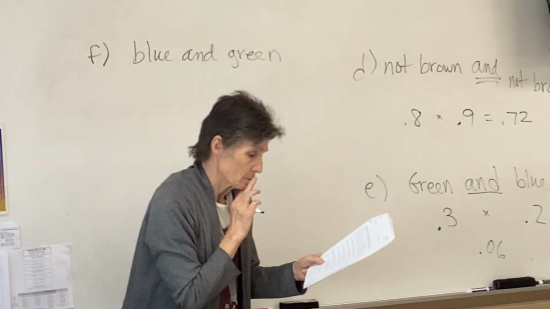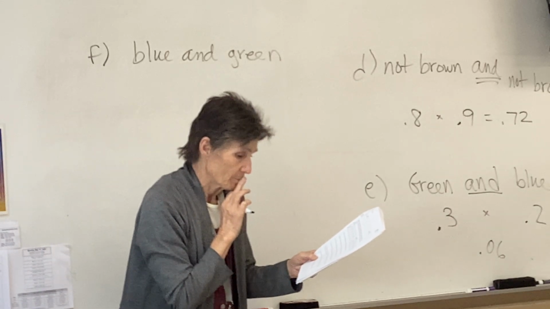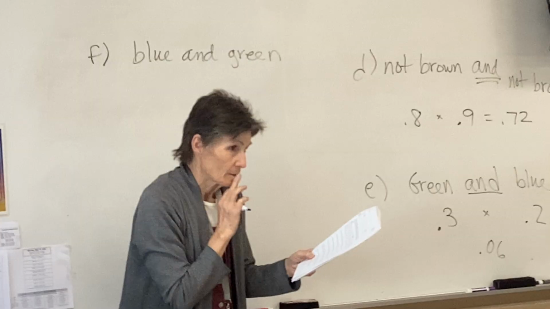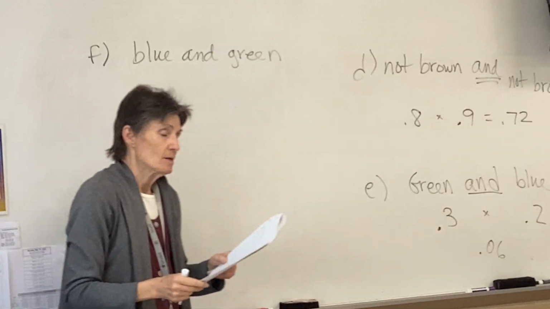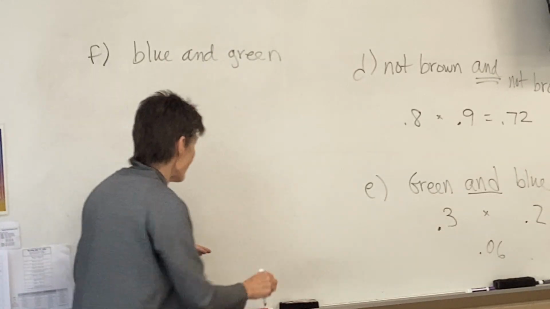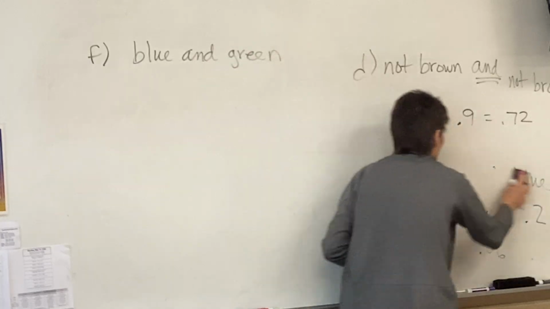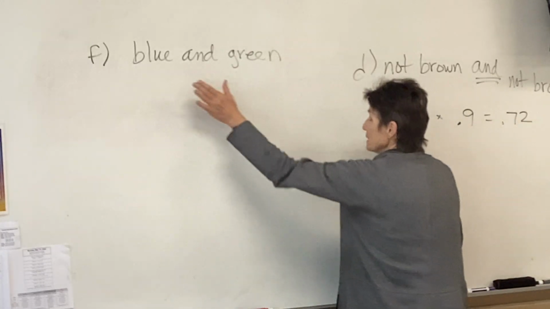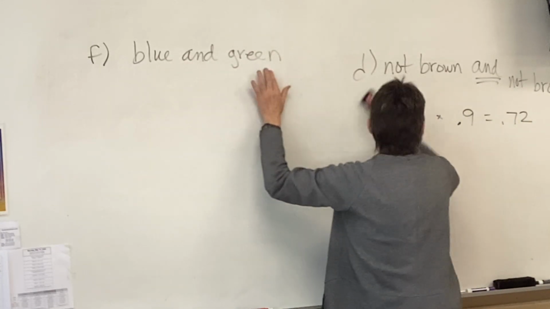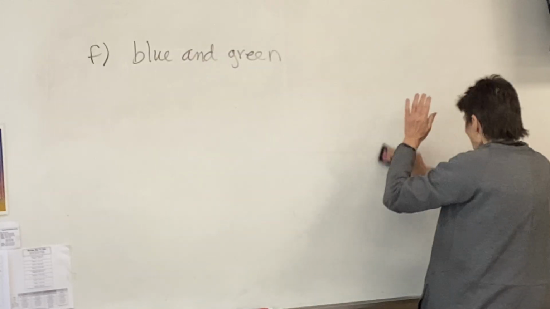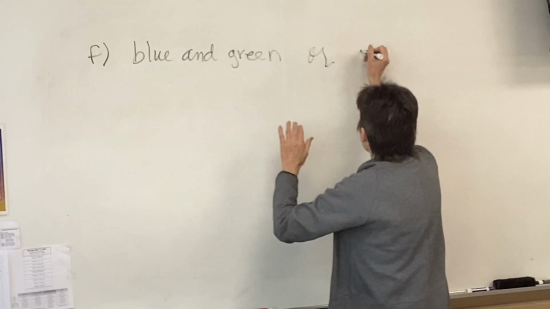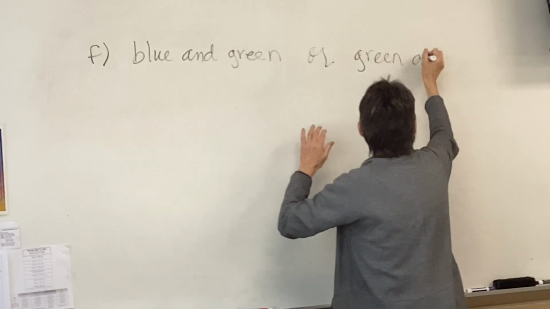E says that the first one will be green, and then F says, what is the probability that one will be green? Exactly. So what does that mean? That means that I could get blue and green, or I could get green and then blue.